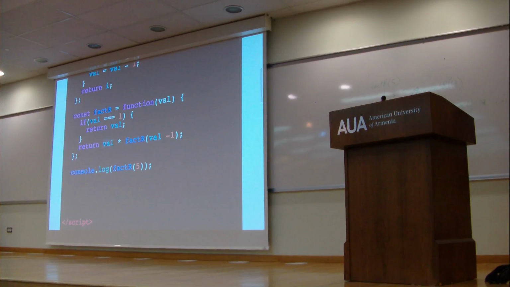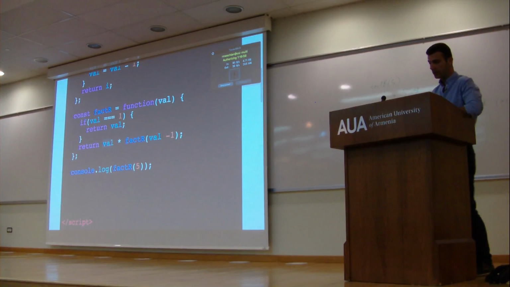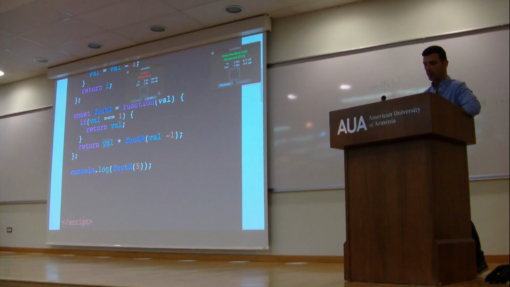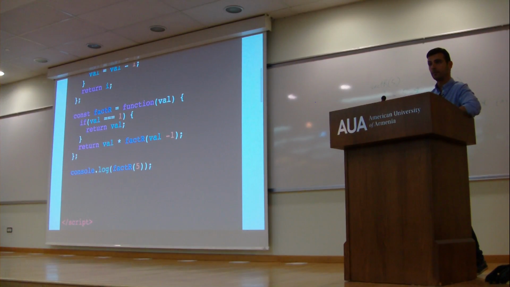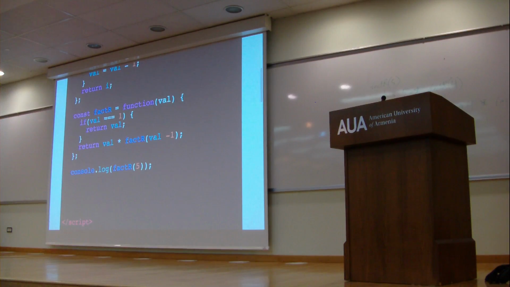Right? Okay, then I go into that one. When you do fact R with 3, that time val is 3. Is 3 equal to 1? No. So 3 times fact R of 2.